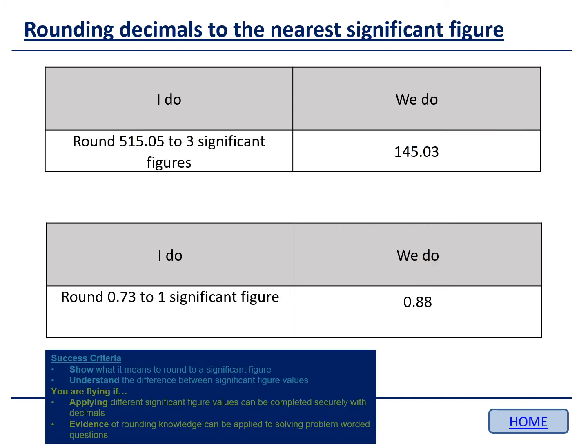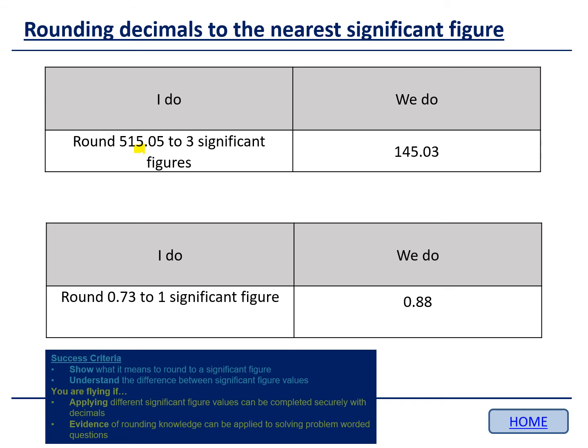Okay guys, on to the next I do. 515.05. Let's go to now three significant figures. So we move to that 5 there. We need to think about what's coming after it. We can see 500ths. Okay, so we know that 5 would take us up to 0.1 tenth.